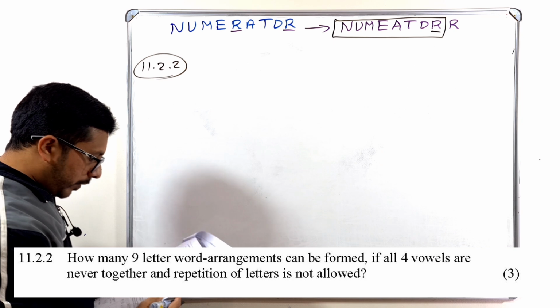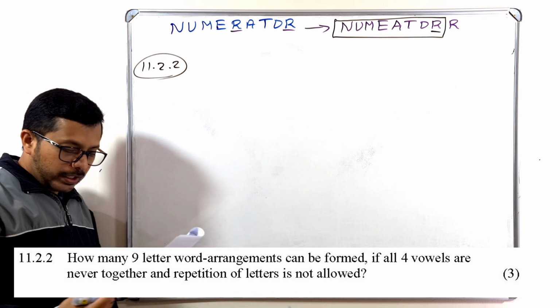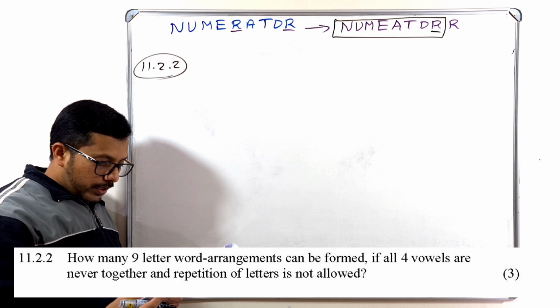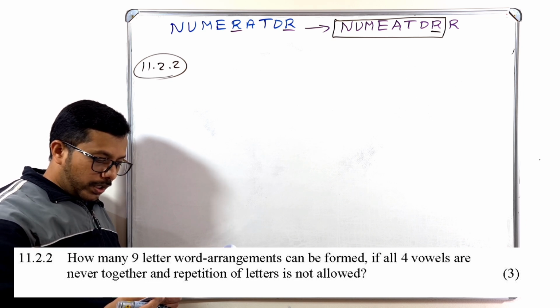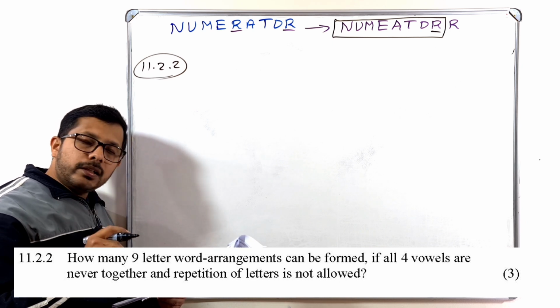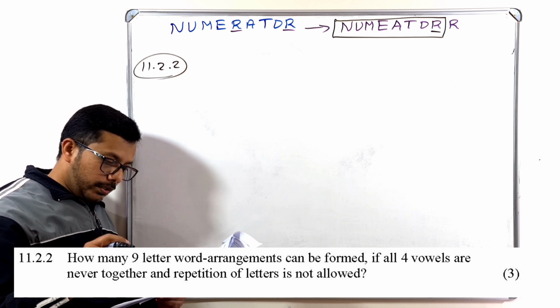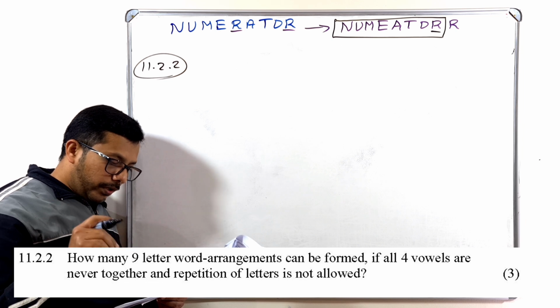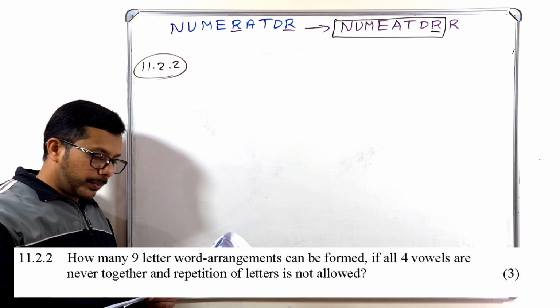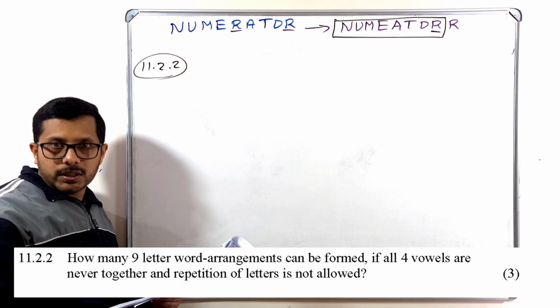What is that question? How many 9-letter word arrangements can be formed if all 4 vowels are never together and repetition of the letters is not allowed? So underline the words: 9-letter word arrangements, 4 vowels never together, and repetition of the letters not allowed.